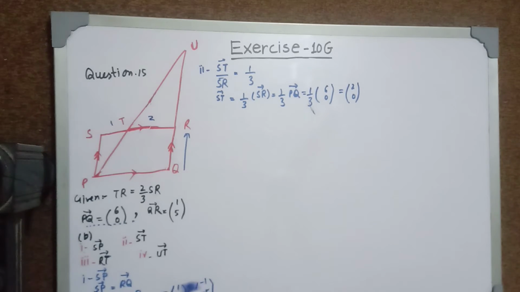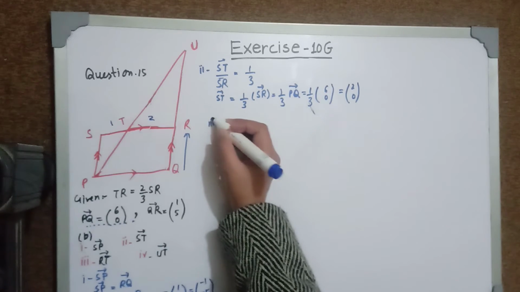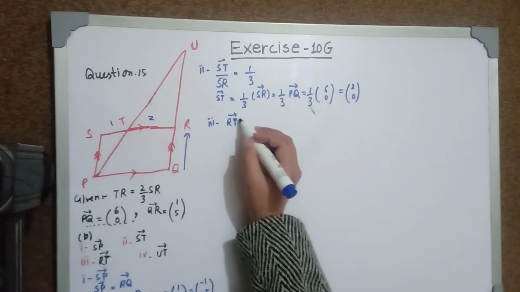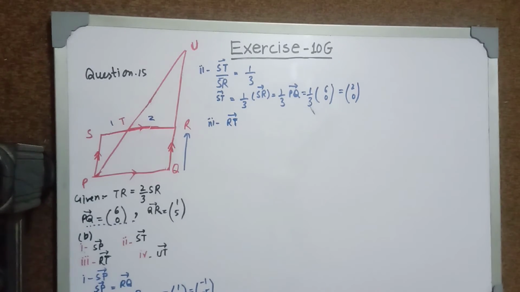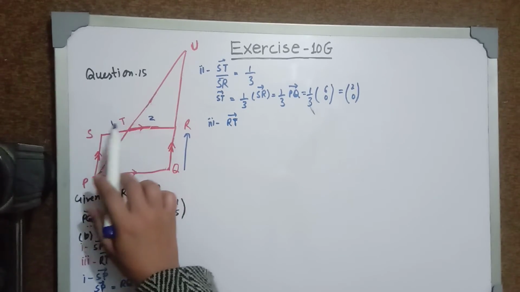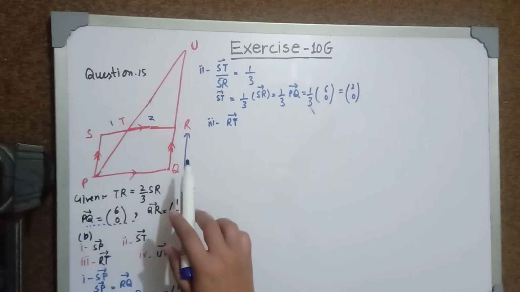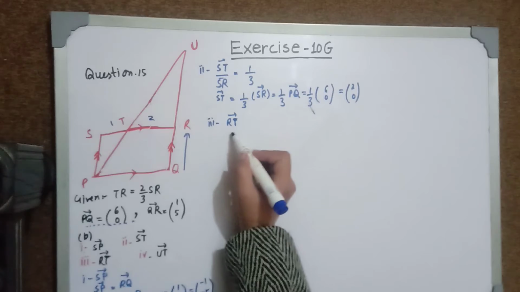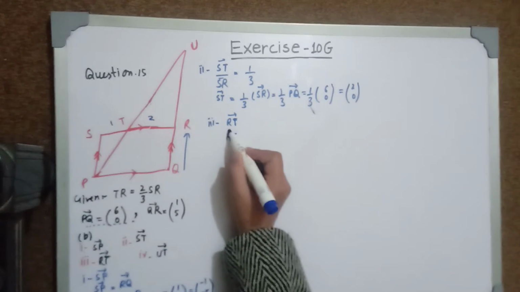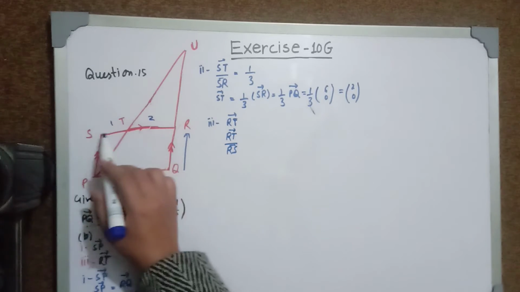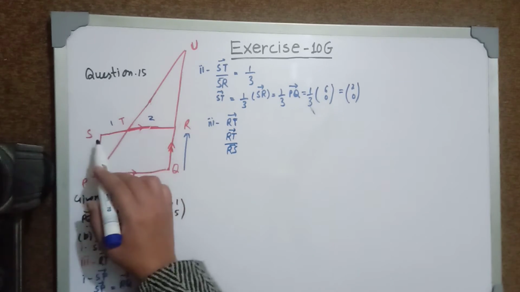Now let's move to part 3, which is to find RT, the column vector of RT. I can take the ratio of RT to RS, because I know the coordinates of this whole line RS.